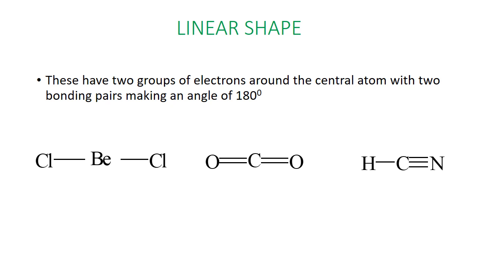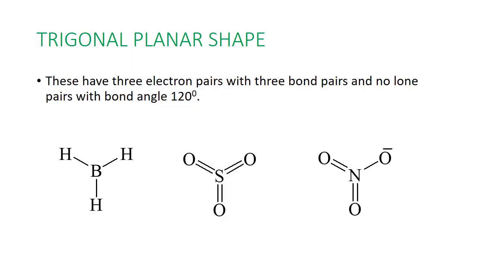However, in carbon dioxide we have oxygen and carbon having double bonds, while in hydrogen cyanide we have a triple bond. So we are taking them to be single covalent bonds. That's why the shapes which are attained are linear.